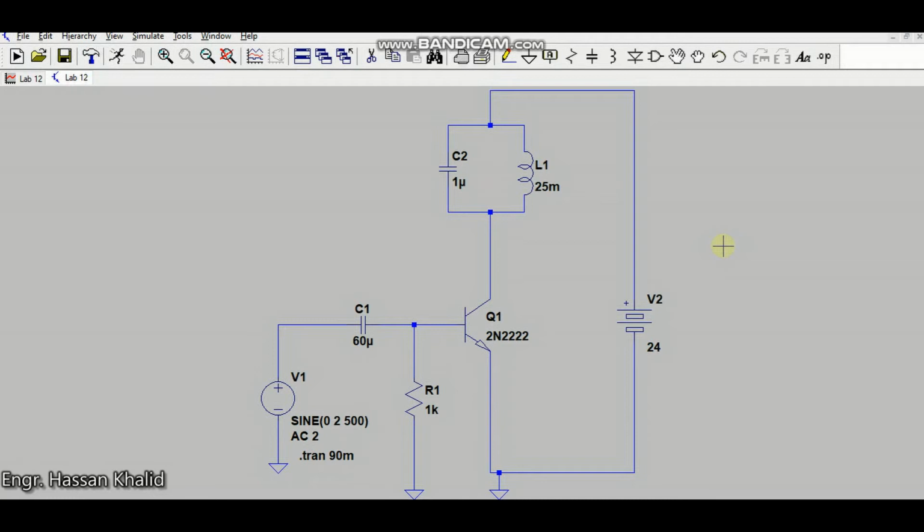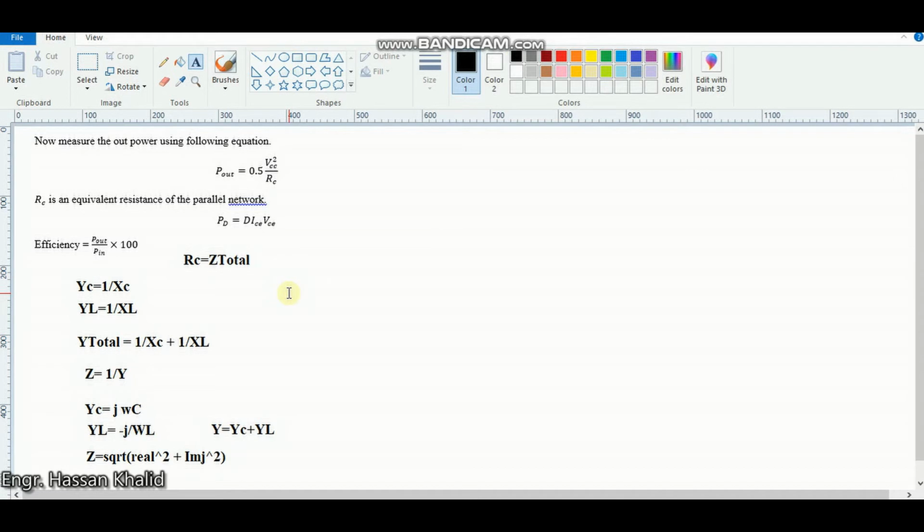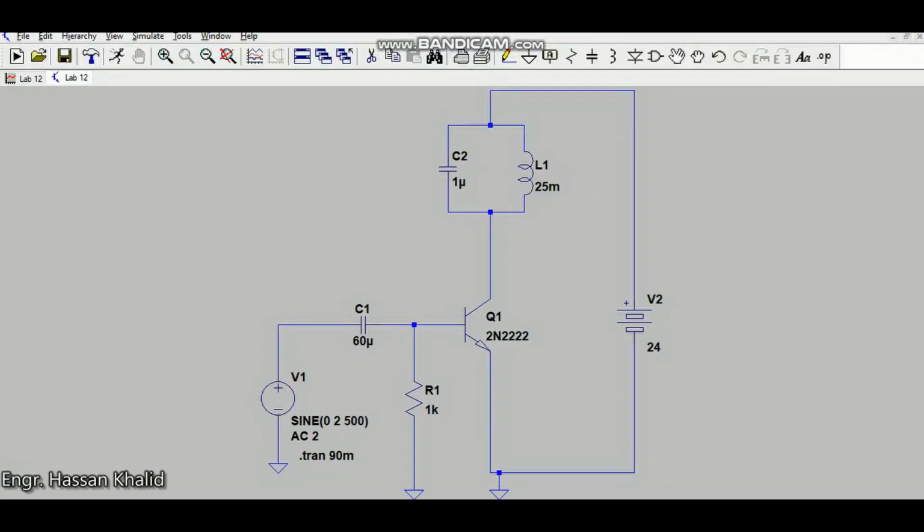Alright, now we can easily calculate the efficiency of this circuit by using some useful formulas. We need to find the output power, which in this case is equal to 0.5 times VCC square divided by RC, where RC is the equivalent total impedance of this parallel LC combination.